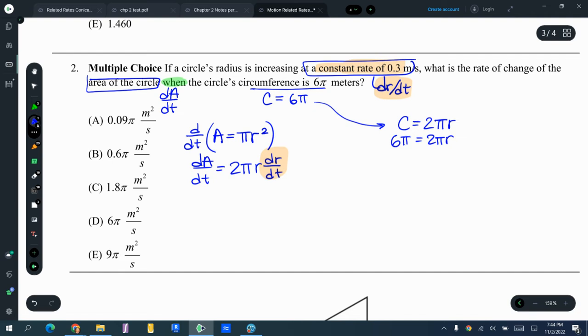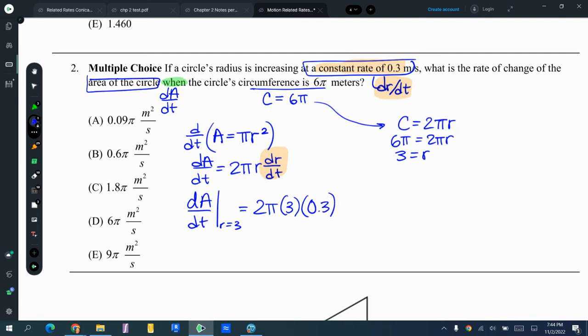And so therefore, if I divide both sides by 2 pi, I'm going to get my r value is 3. So I want to know dA/dt when the r value is 3, and I know my dr/dt is 0.3. When you do this out, you're going to get 1.8 pi, and area is measured in meters squared, and time is measured in seconds.